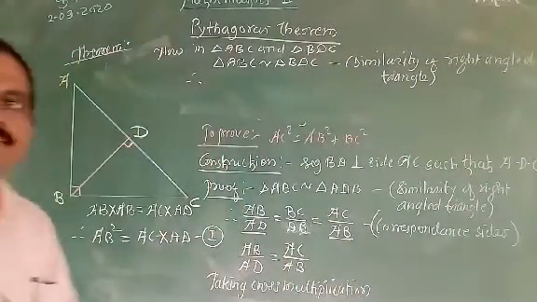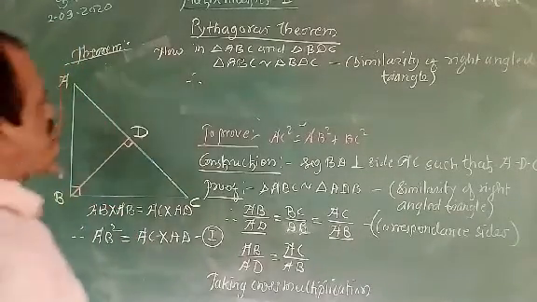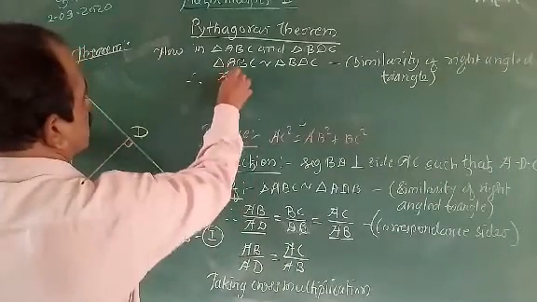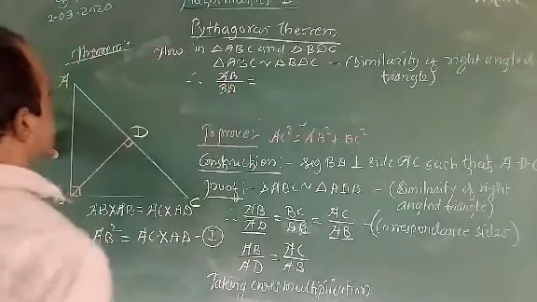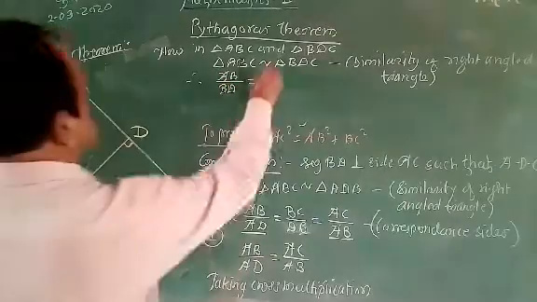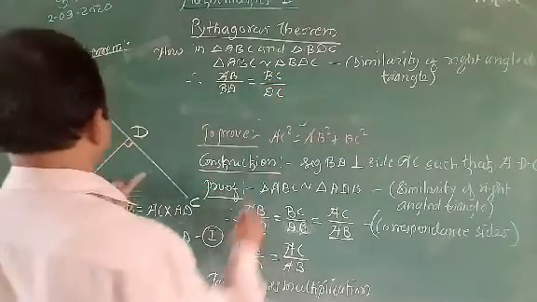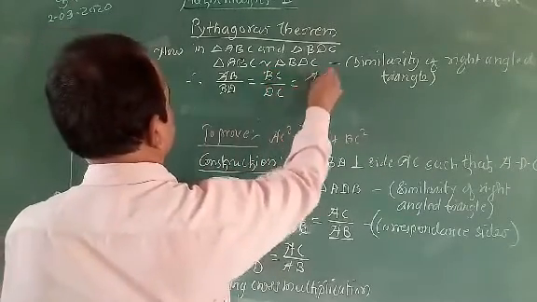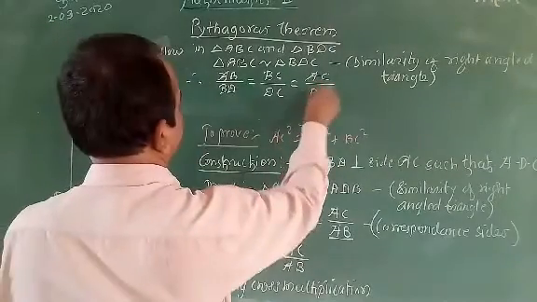Therefore, sides are also proportional. Write AB upon BC is equal to BC upon DC, and the third is AC upon BC.